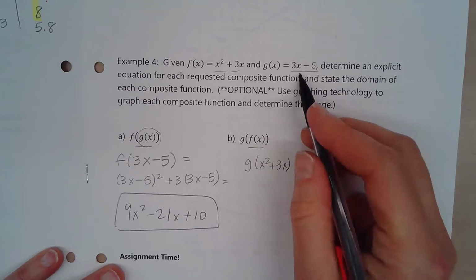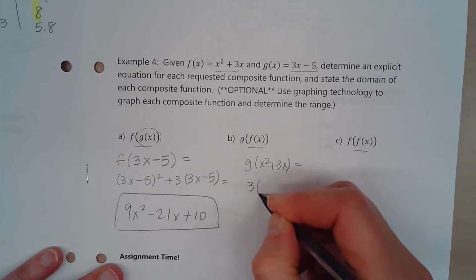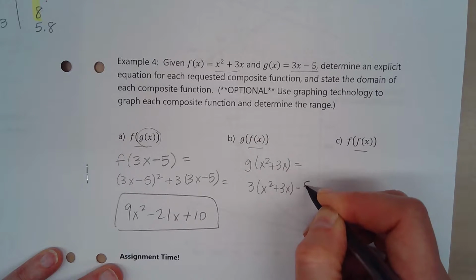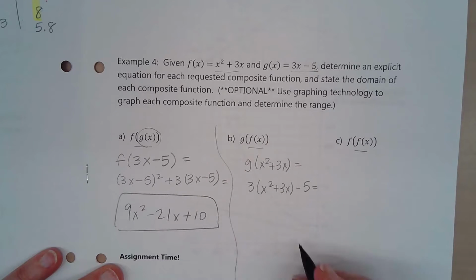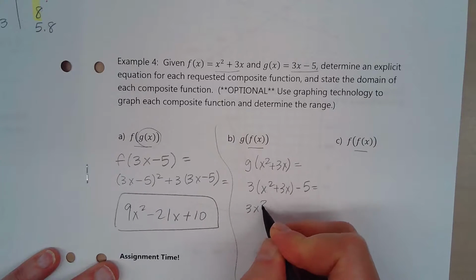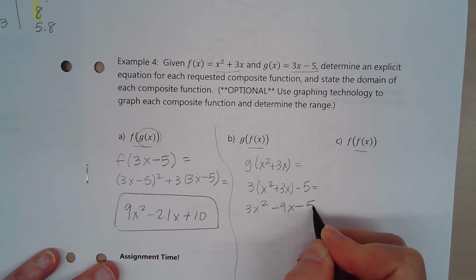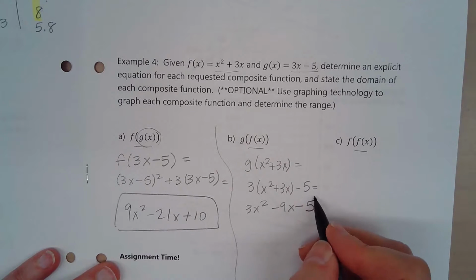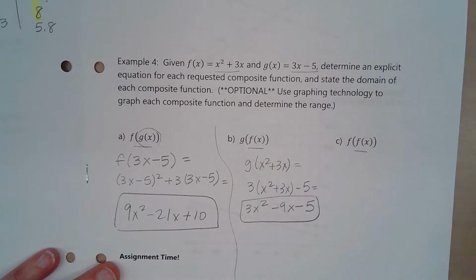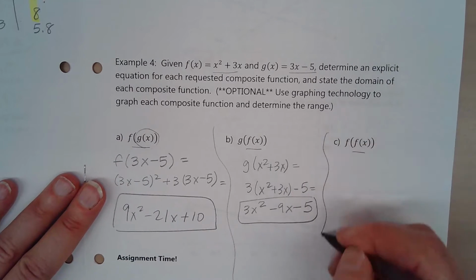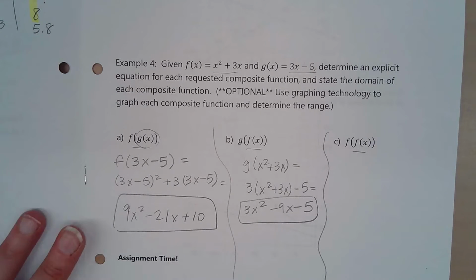Well, g says I multiply whatever's in the brackets by 3, and then I subtract 5. So this one's a slightly easier one, right? So I get 3x squared plus 9x minus 5. Yes? Okay. One more. Do C, f of f of x.